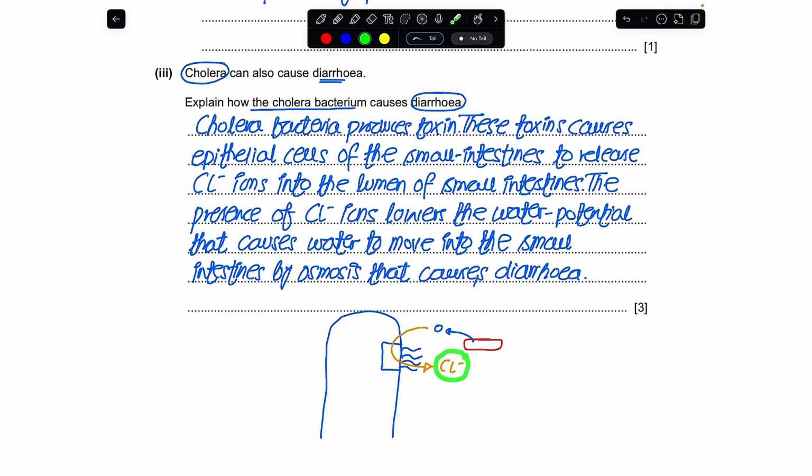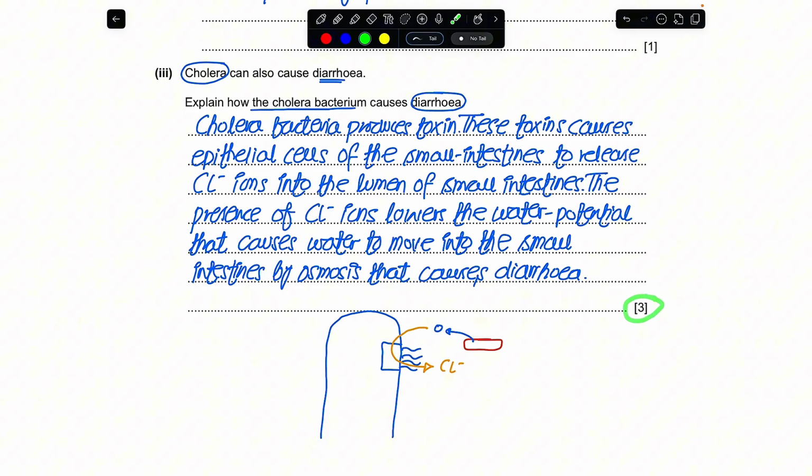When the chloride ions accumulate in the intestinal lumen, they lower the water potential here, and automatically in these cells the water potential increases, so water would move out of these cells and into the intestinal lumen down the water potential gradient by osmosis, and this would cause the diarrhea in them.